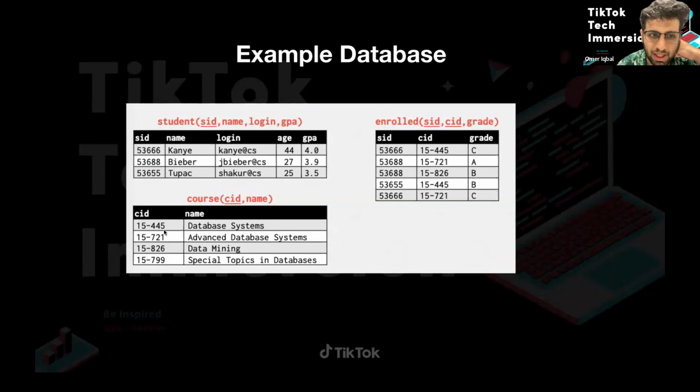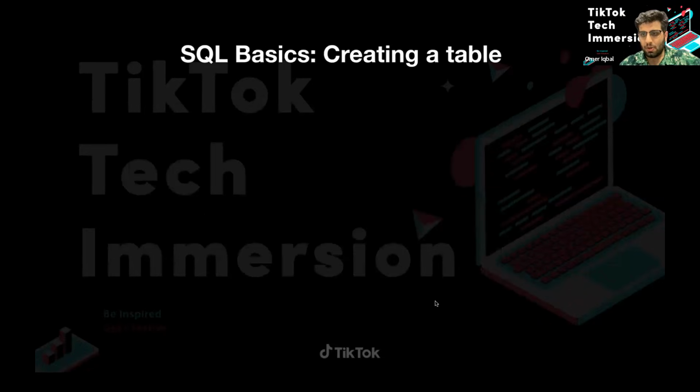Here we have a course ID and a course name. And we have a table that stores the relationship between these two things. We have an enrollment table that stores the student ID, course ID, and the grade that they got for that course. Very important. So let's say I model my database this way, and we'll use this database for some fun stuff.